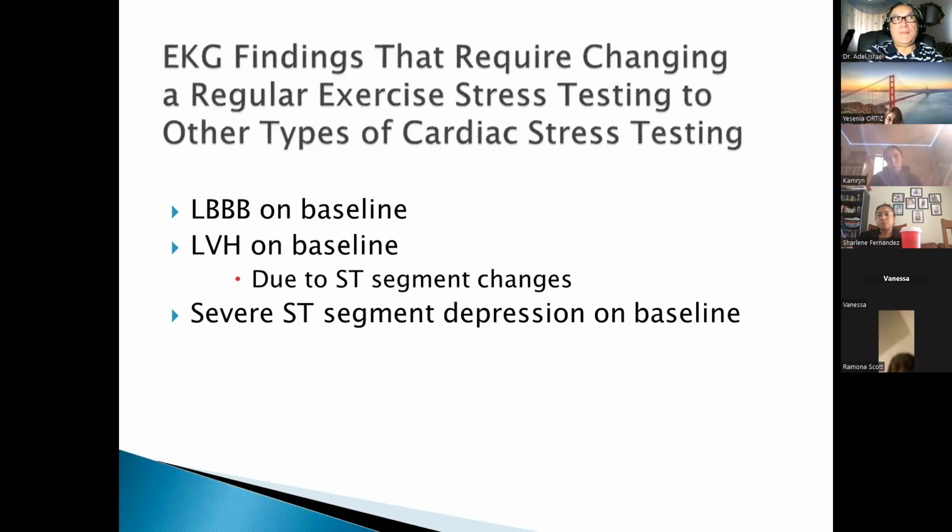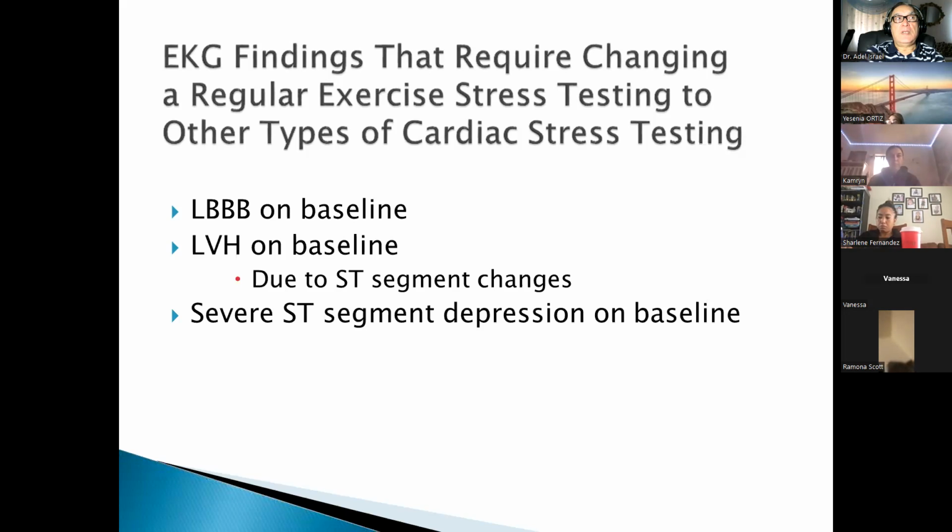EKG changes that require irregular stress testing. We have what we call left bundle branch block. This is LBBB. LBBB means left bundle branch block on the baseline.